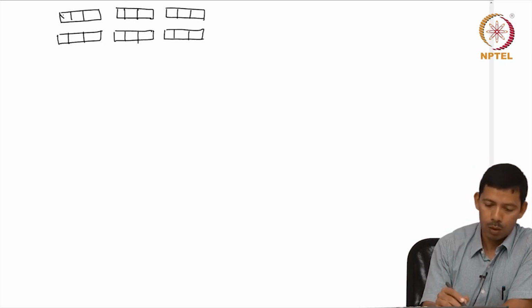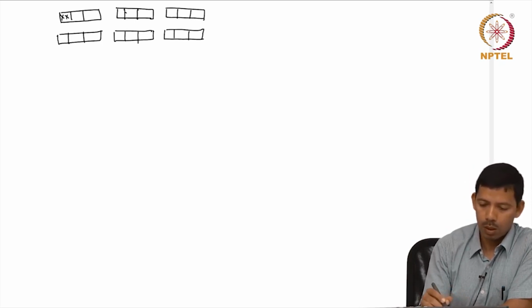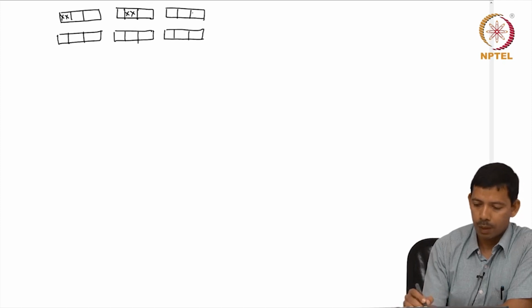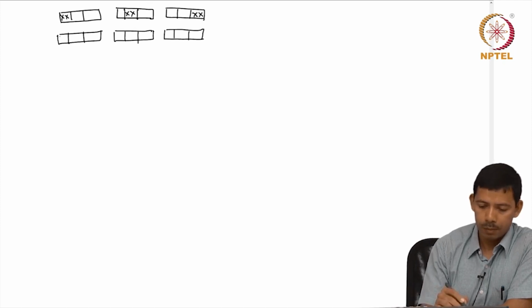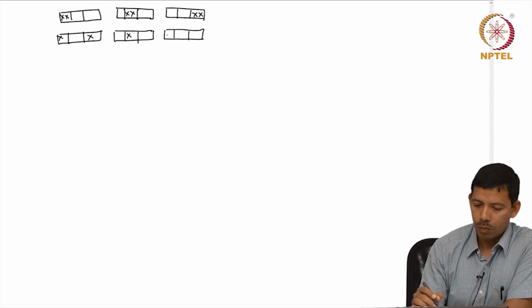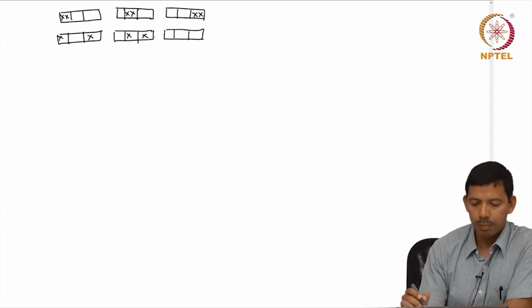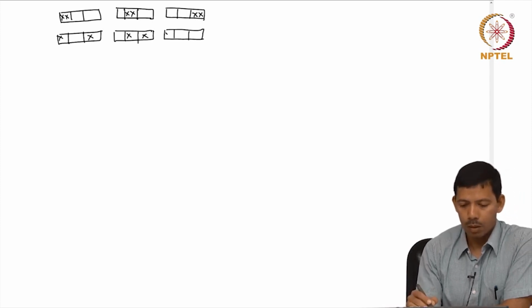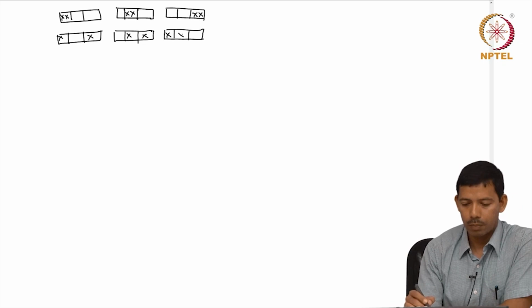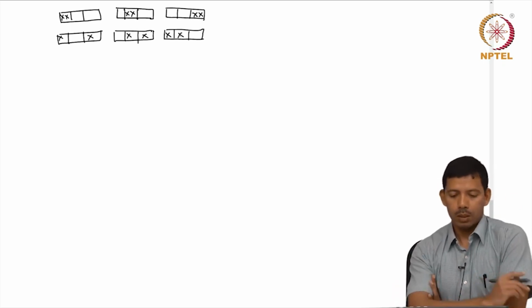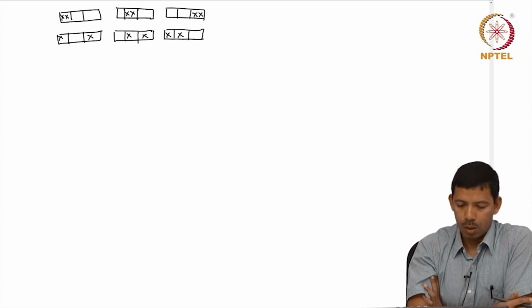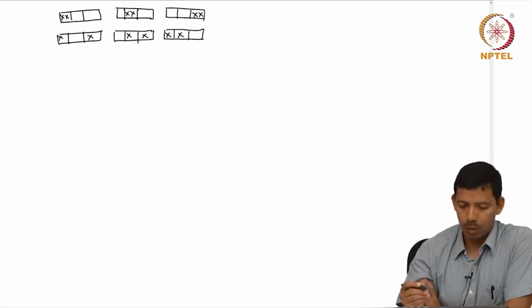One distribution was this, another distribution was that, another was that, another was here, and another was here. So these are the 6 possible microstates we came across.